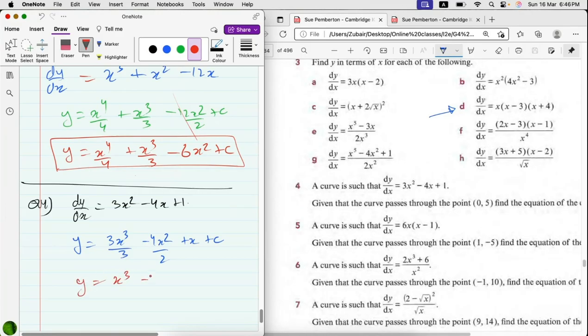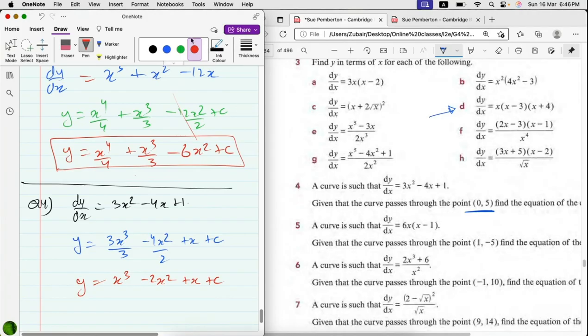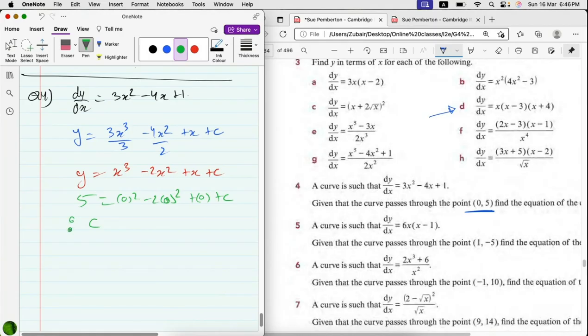That is x cube minus 2x square plus x plus c. x is 0, y is 5. So 5 equals 0 plus c. So c is equal to 5. So the final equation is y is equal to x cube minus 2x square plus x plus 5.